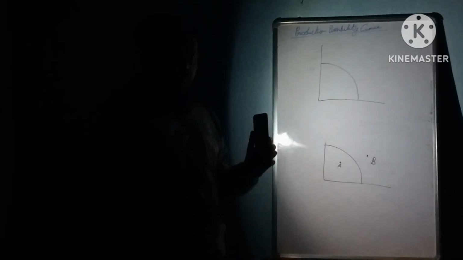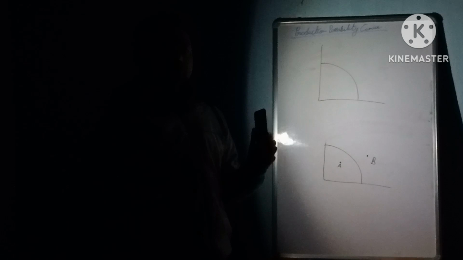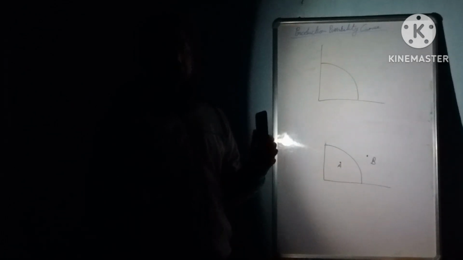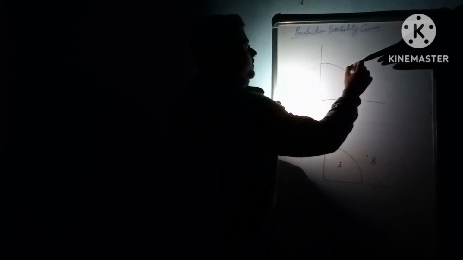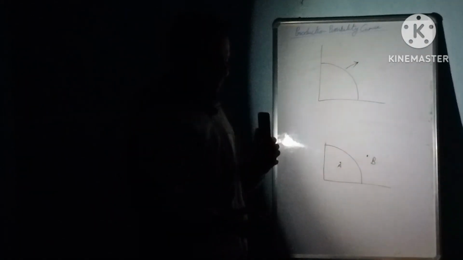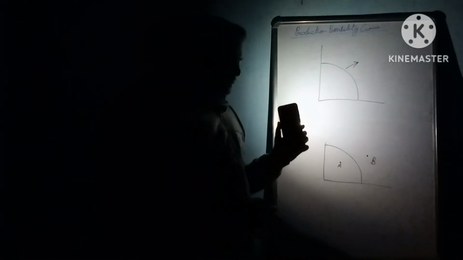It means if the cost decreases due to some reason, maybe technology advancement, then this production possibility curve will shift towards the right. It means it will expand, and it may also contract.